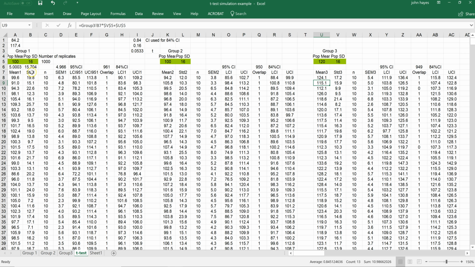So we calculate this mean. The standard deviation is again just the same thing.